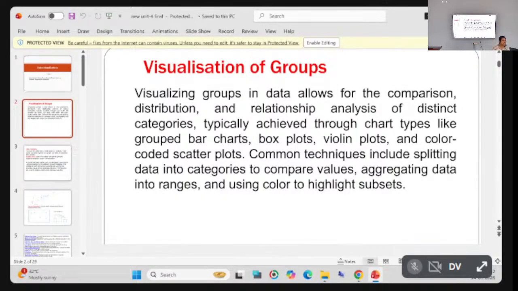The groups are visualized using different plots. So what are the different plots you have? Color plot, violin plot. These are the different diagrams.